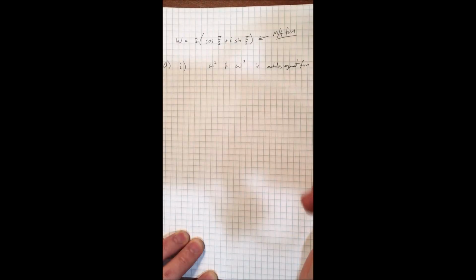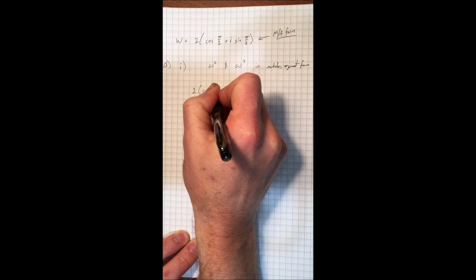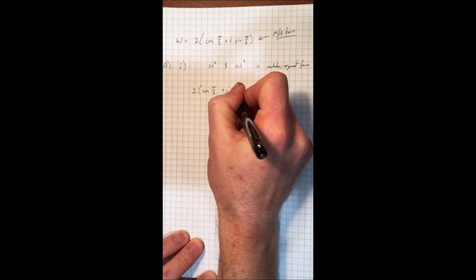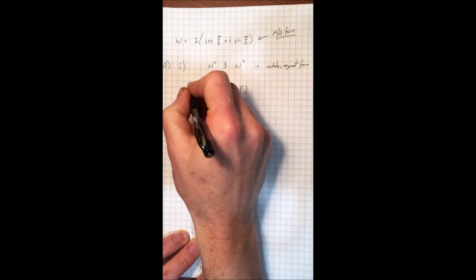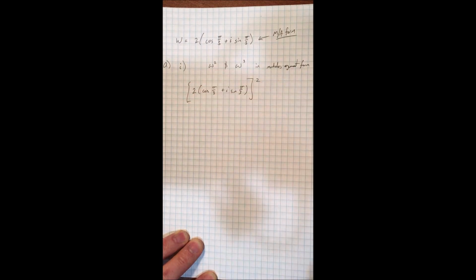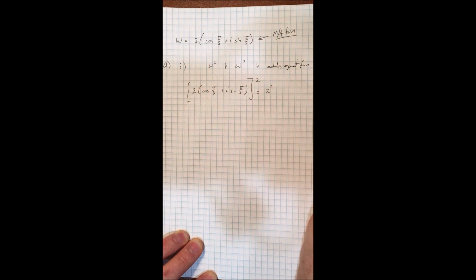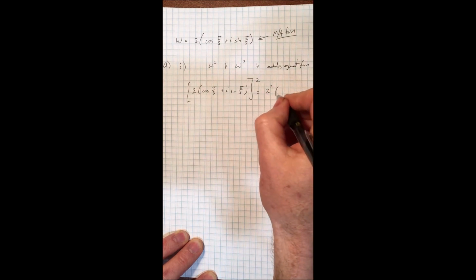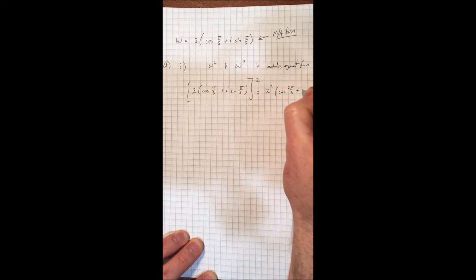So on this particular problem, if I take 2 cosine pi over 3 plus i sine pi over 3, and I square it, then according to De Moivre's theorem, we'll end up with 2 squared times the cosine of 2 pi over 3 plus i times the sine of 2 pi over 3.